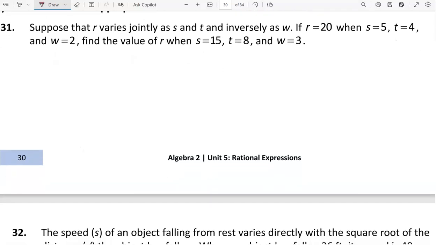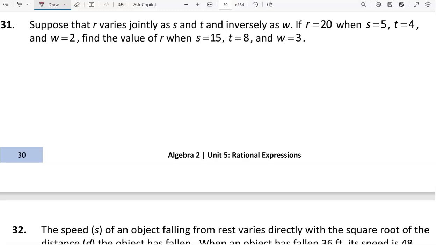So in 31, suppose that r varies jointly as s and t and inversely as w. I'm going to take that piece of information and translate it into a variation equation. So r varies jointly as, that means equals k times s and t, so times s times t, and inversely as w, so divided by w.